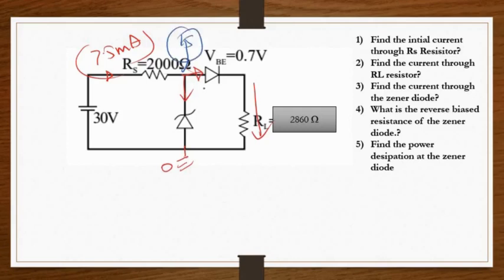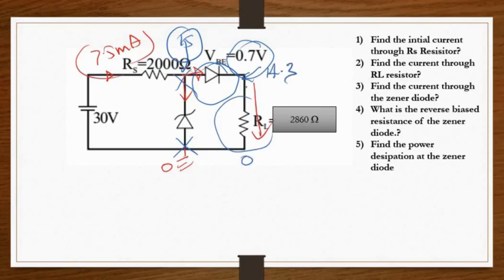That means the potential difference across these two terminals will be 15 volt, right? Then this diode will keep 0.7 volt. So the rest of the potential will be taken by this RL resistor. So the potential here, I can say, is 14.3. Right here it's 0.